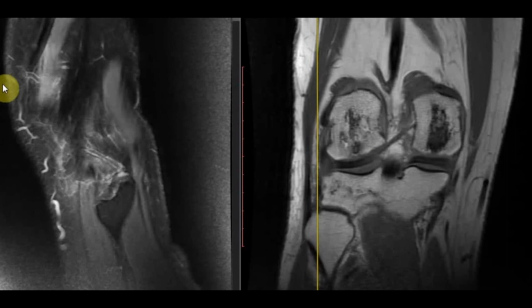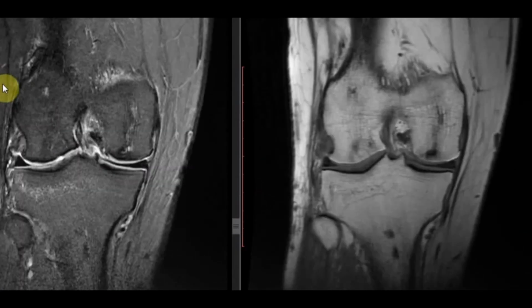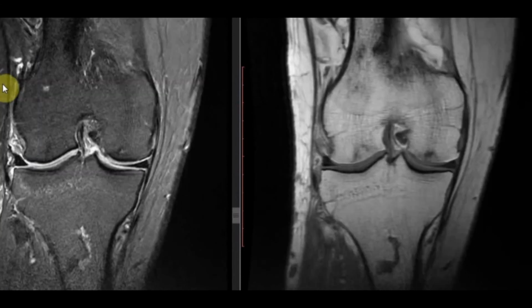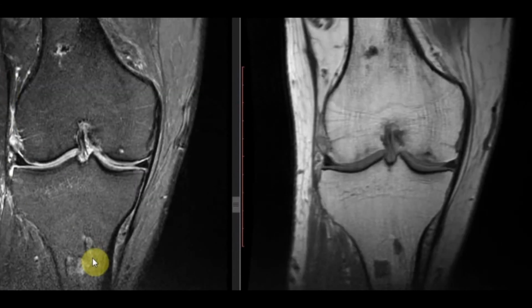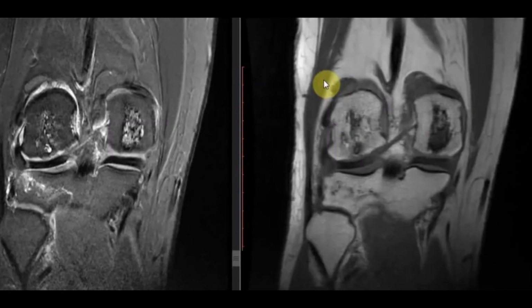areas of altered signal intensity in the femoral condyle and tibial plateau, and these lesions are also noted within the metaphysis as well as the epiphyseal region. And as we can see, there are areas of fatty marrow within it, and the shape of the lesions is serpiginous.